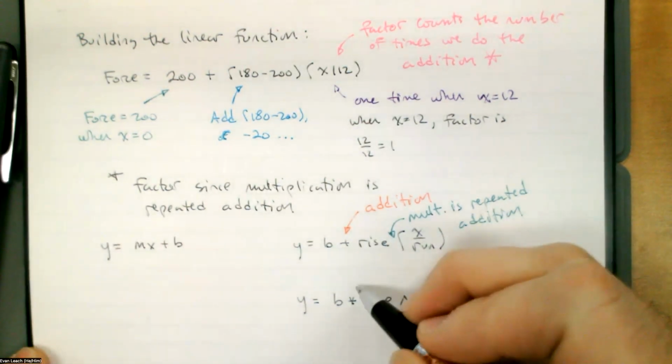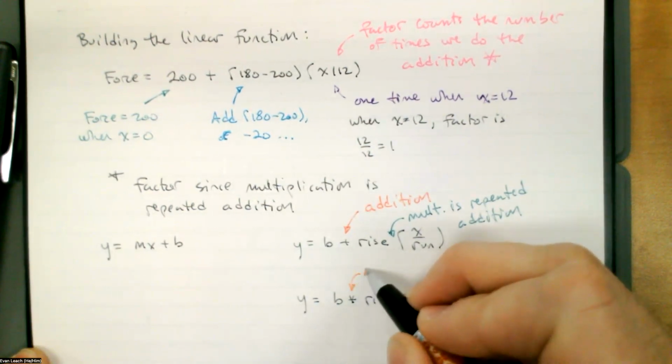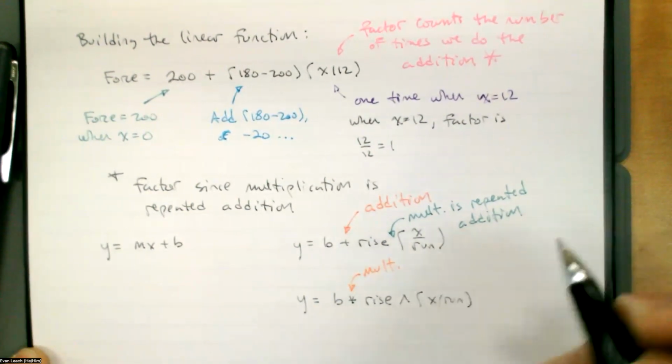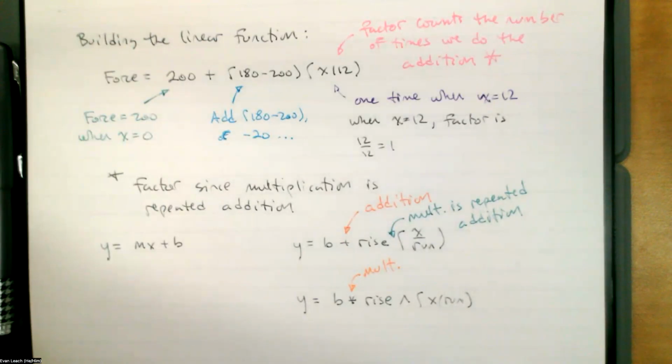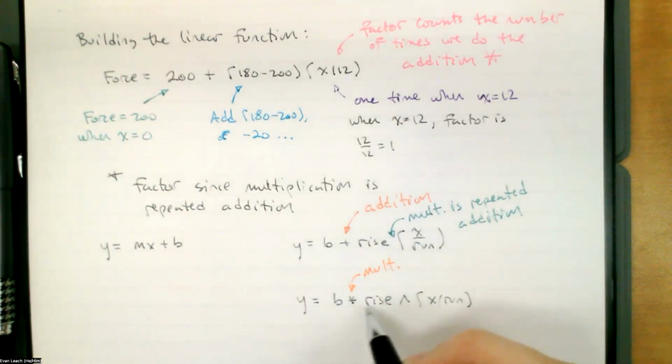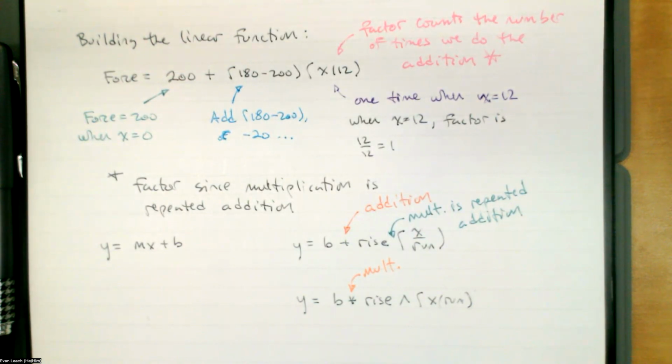Here we have multiplication. And so I want to take b and multiply by the rise a bunch of times. Repeated multiplication is expressed with exponents.